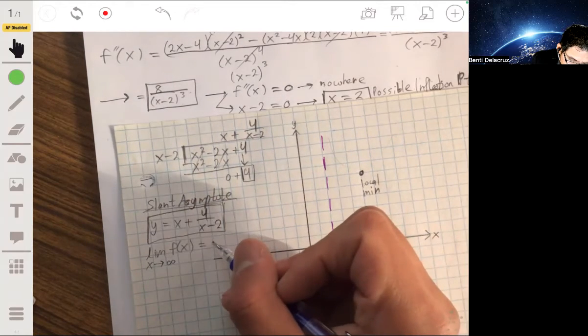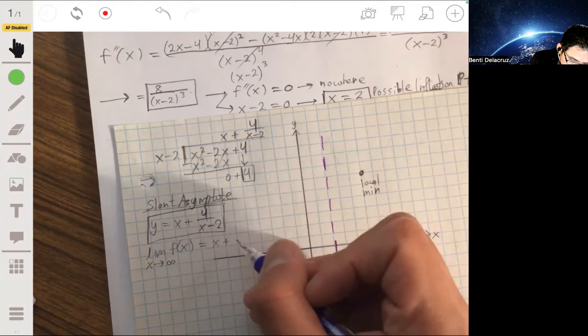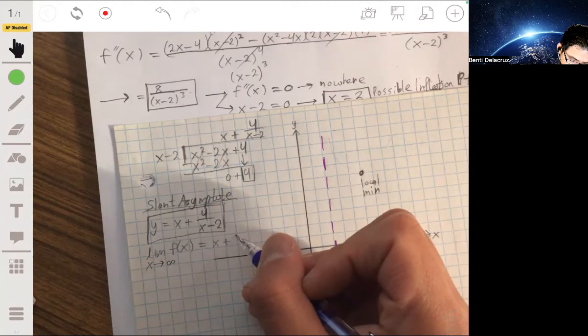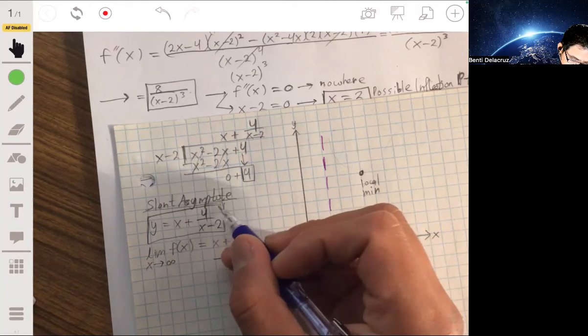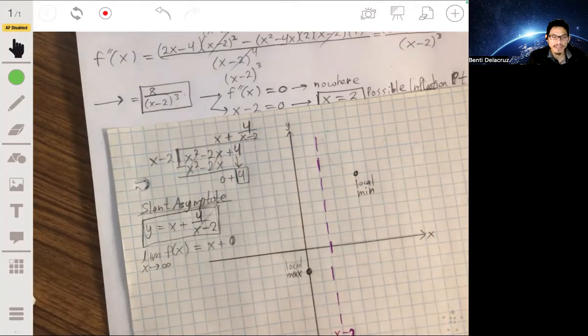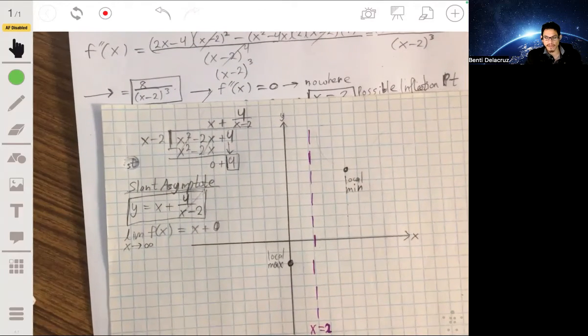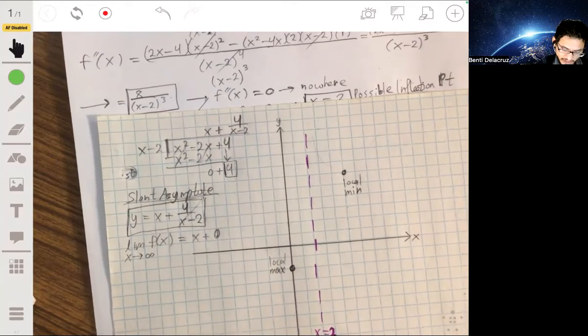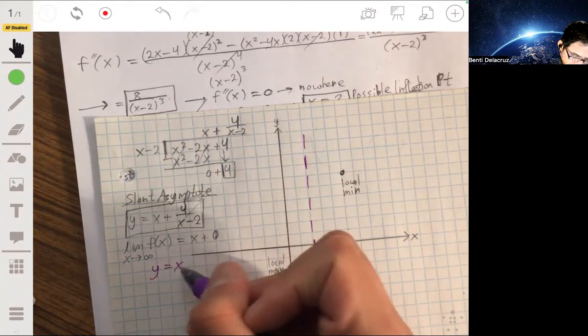This will just be x plus 0 essentially. This number gets so small it doesn't really matter. So the graph does technically go to infinity, but the equation of your asymptote is going to be the line y equals x.